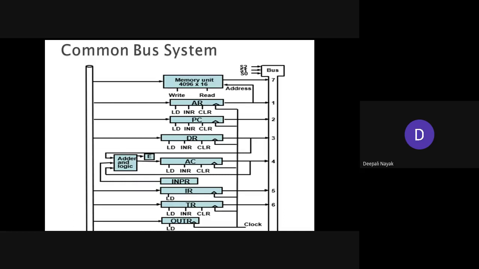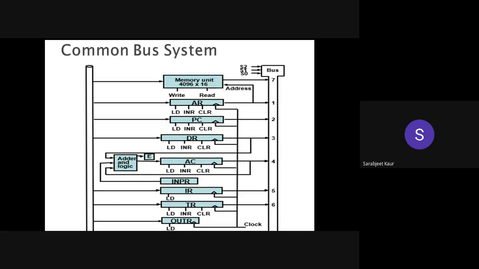Now one simplest way to connect these registers and memory could have been to give a single dedicated communication link between one register and all others. So from AR, for example, to all other registers, then from PC to all other registers, then from DR to all other registers.